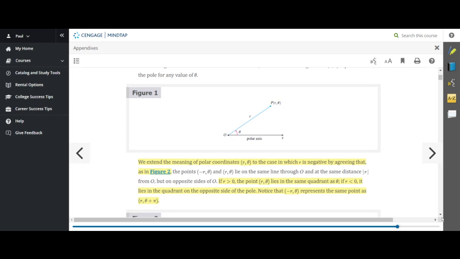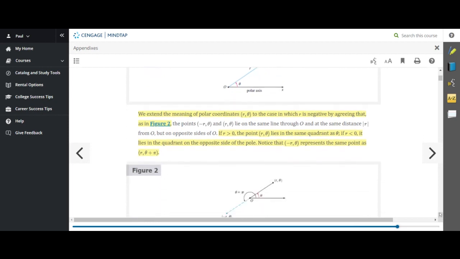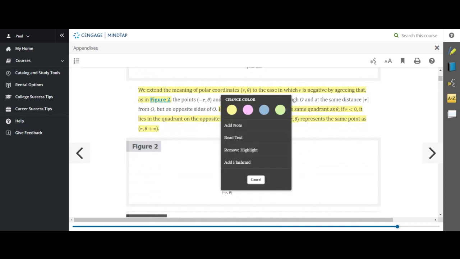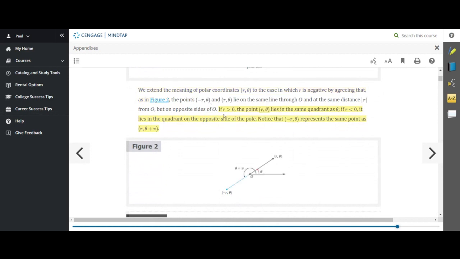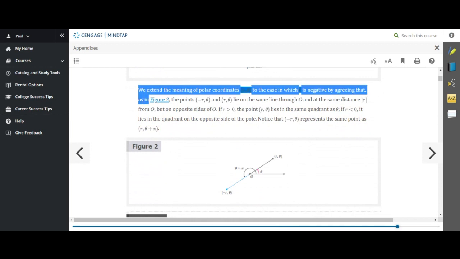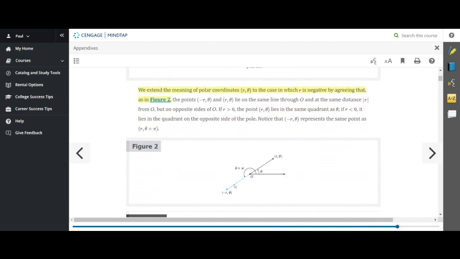They mention that here. We can extend the meaning of polar coordinates. Let me highlight this here. Okay, we extend the meaning of polar coordinates in the case in which we have a negative radius.